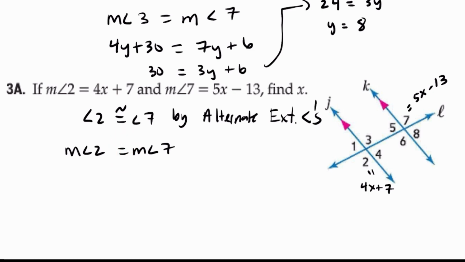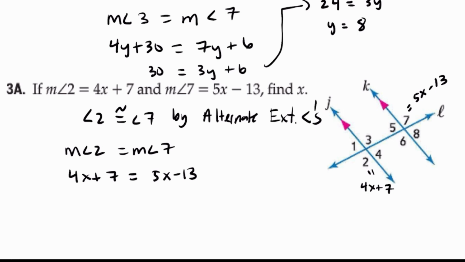So now we're going to apply substitution. We know that the measure of angle 2 is 4x plus 7, and the measure of angle 7 is 5x minus 13. So all I'm doing is I'm setting these angles equal to each other, and I'm going to apply my algebra.